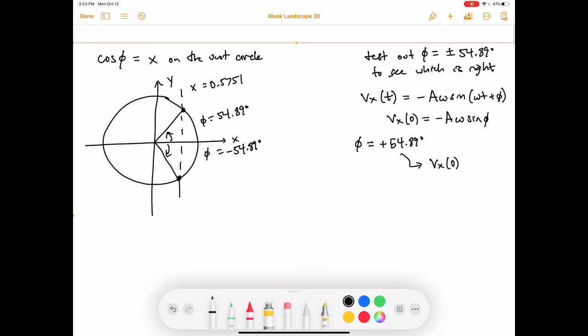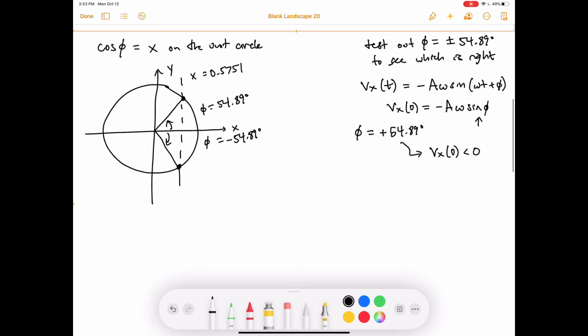And here's what you'll get. Sine of 54.89 degrees is something positive, but there's a negative sign out front, so this comes out negative. On the other hand, if we choose the angle of minus 54.89 degrees, if we plug in sine of minus 54.89 degrees, you'll get something negative. And there's a negative sign out front, so you'll end up with something positive.